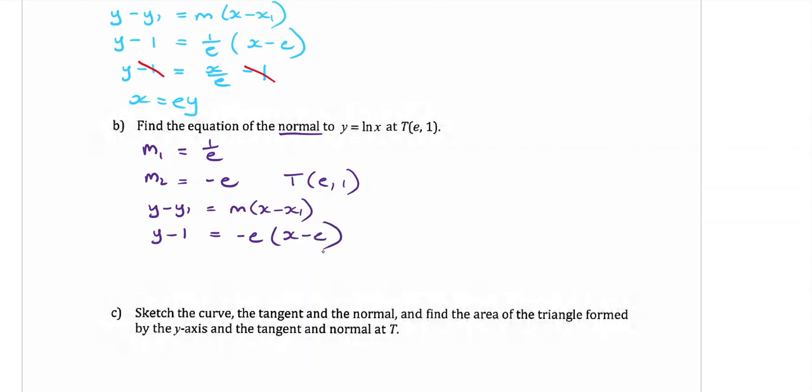Let me expand it out. y minus 1 equals minus ex plus e squared. And just add your 1 over. y equals minus ex plus e squared plus 1.